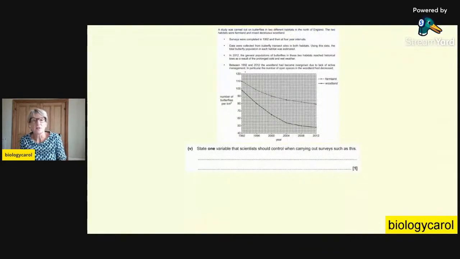State one variable that scientists should control when carrying out surveys like this. They're looking for butterflies. What things should they keep the same? Well, the most obvious thing to me, as I try to picture the scene of this investigation, is that they have to do the investigation when the butterflies are out and about.